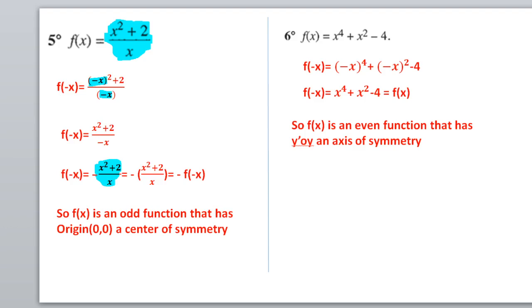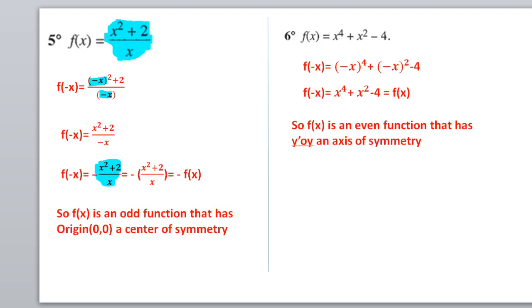So f of minus x equal minus x squared plus 2 over x equal to minus f of x. Here by mistake it's written f of minus x; it should be f of x. Okay, so f of x is an odd function and the origin is the center of symmetry.